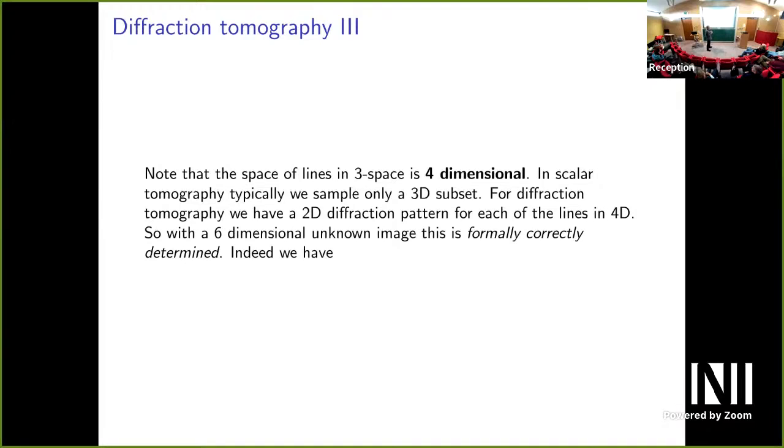Now, the thing we're after: we've got 3 spatial variables, and for each point in space, we've got a function on the sphere. So it's a function of 5 variables. So that should be all right. I mean, it might not be, but at least it's possible.